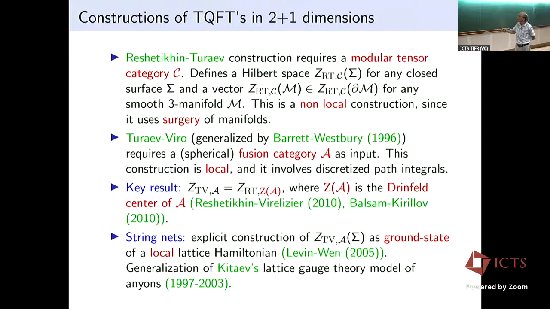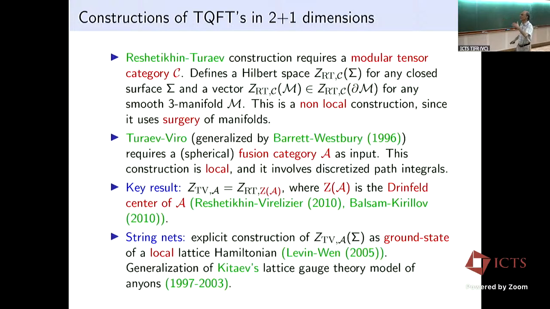So the earliest construction, started by Reshetikhin and Turaev, started with a modular tensor category, and from this it defined a quantum Hilbert space on any closed surface. If you imagine time evolution, quantum evolution, so now your surface evolves in time, you have a three-dimensional space-time manifold, and you can construct the evolution operator in a purely topological manner.